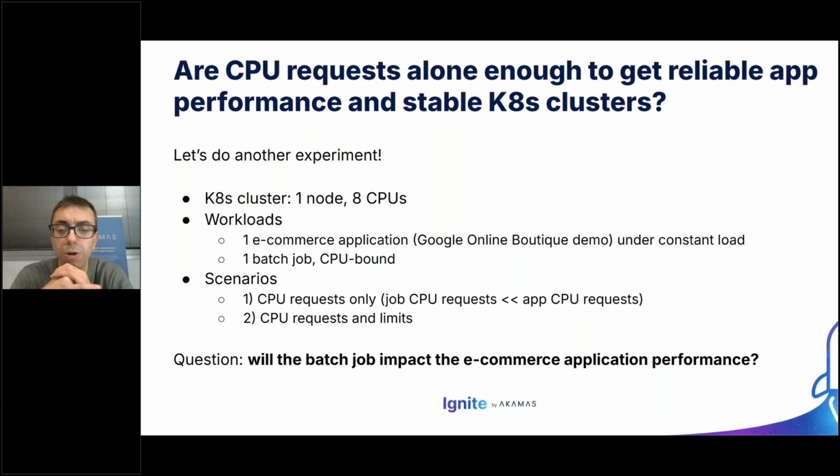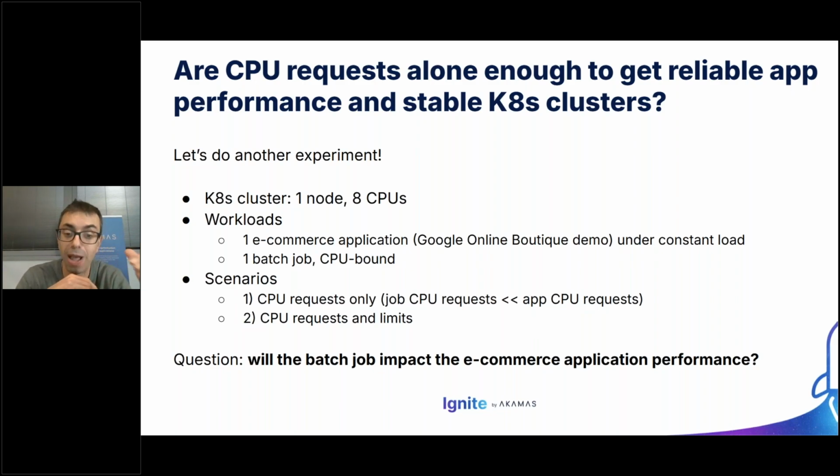We use, by the way, Google Online Boutique, which is freely available. And then we use a batch job that consumes all of the CPU, which gets launched in order to understand if this job, which simulates a misbehaving pod in your production, will be able to impact the application performance. So we evaluate two scenarios.